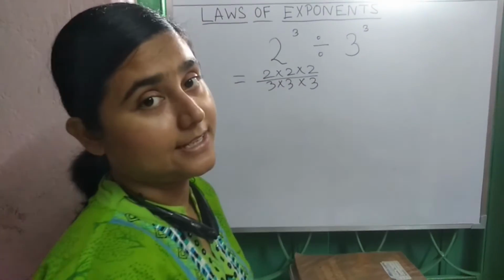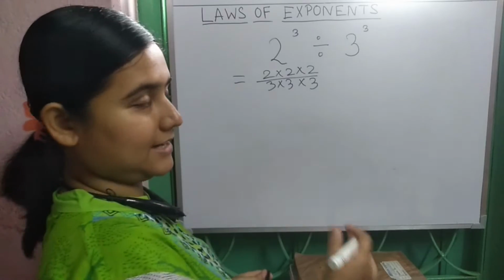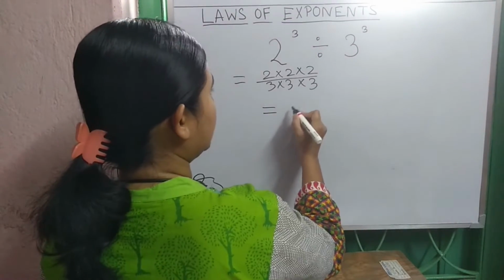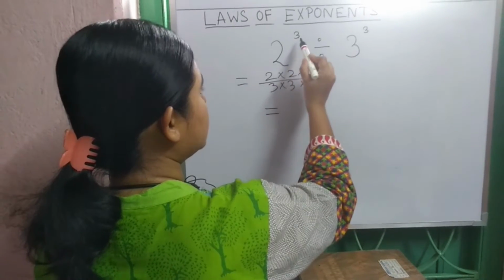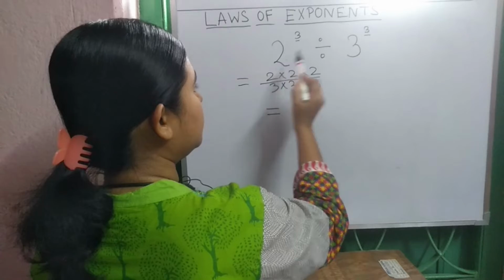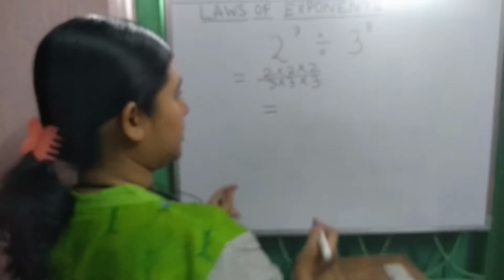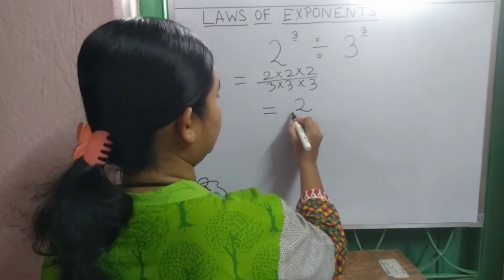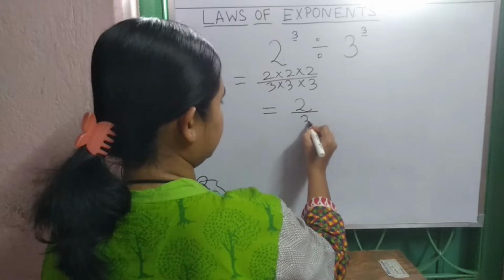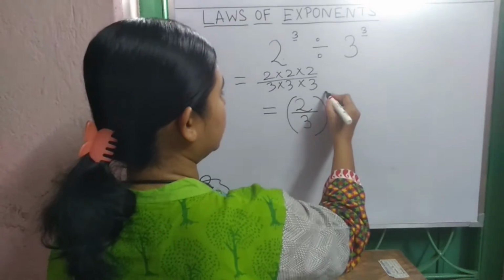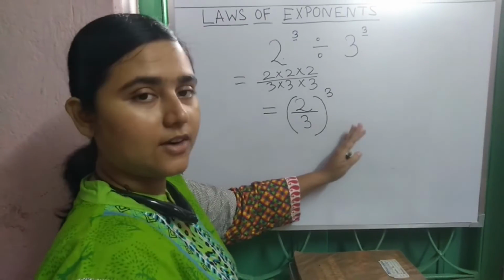But there is an easier way. You can see the exponents are the same but the bases are not. So you can do it like 2 by 3 whole to the power 3, and this will be your answer.